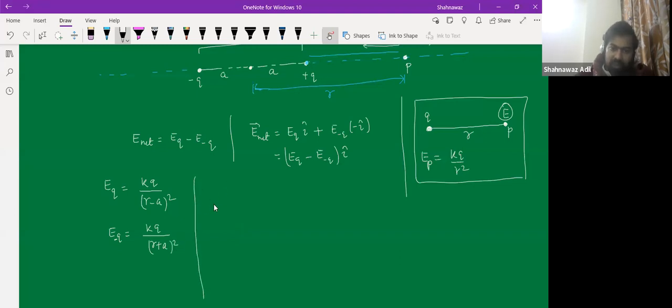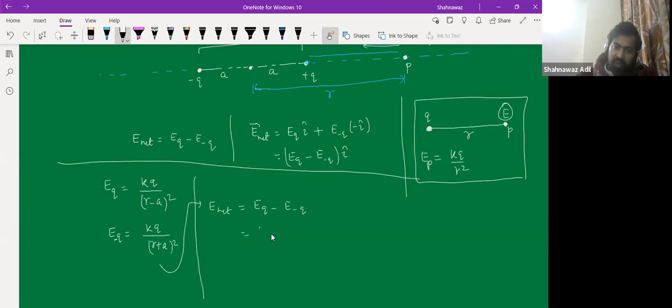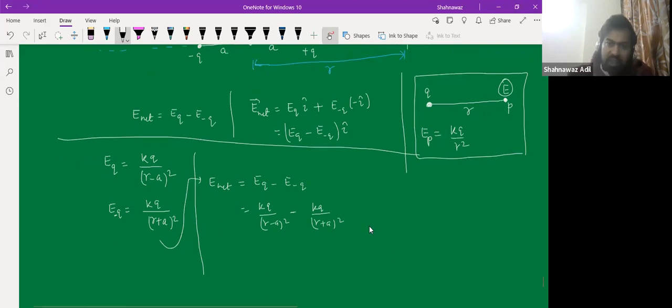Good. So then E net is EQ minus E minus Q. So how much is it? KQ by R minus A whole square minus KQ by R plus A whole square. Right. So what is common in here?